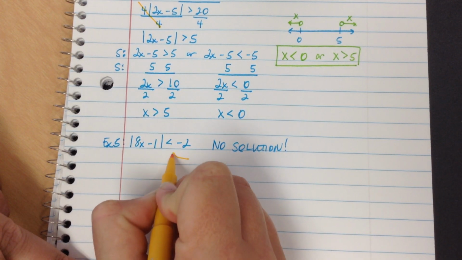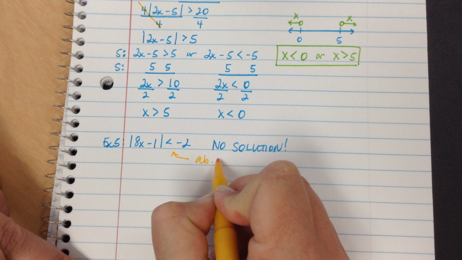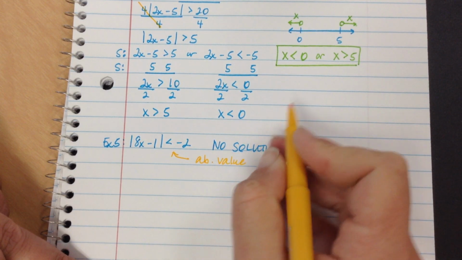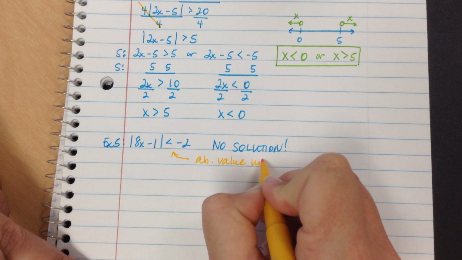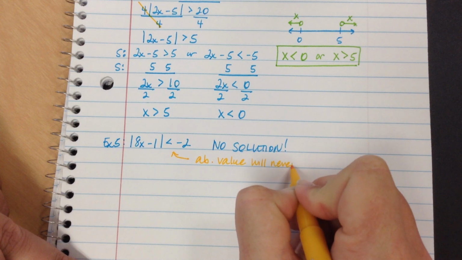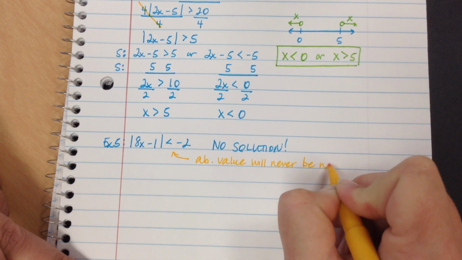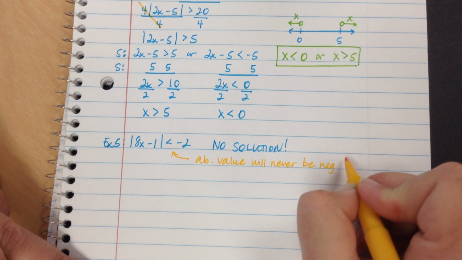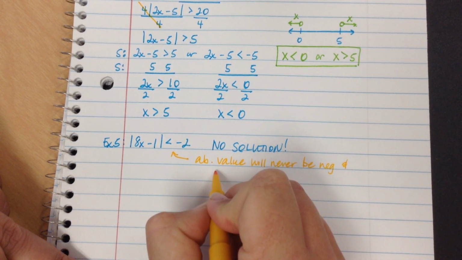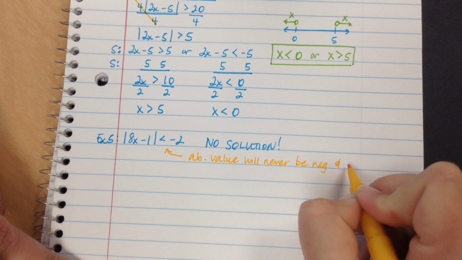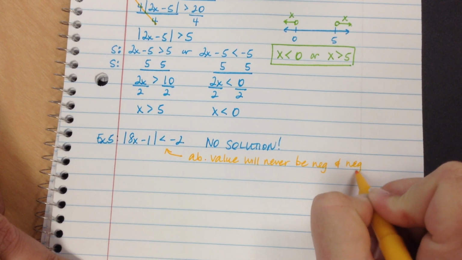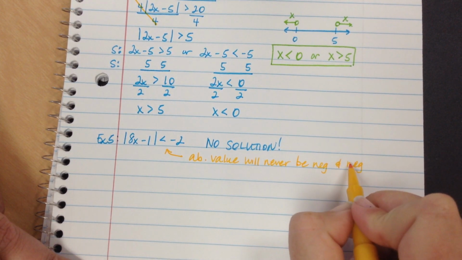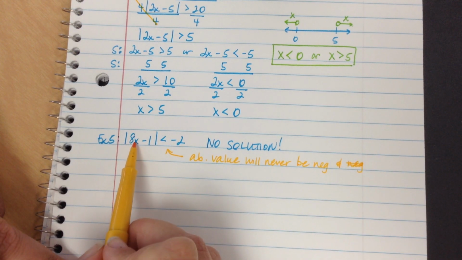This absolute value will never be negative. And negative numbers, not negative. This will never be negative.